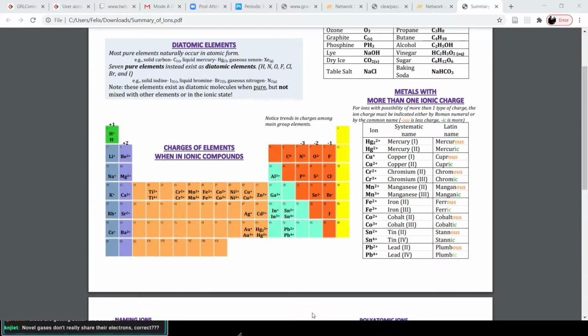You'll see on the right side of this there are what we call systematic names and Latin names. I'm not going to make you memorize these Latin names. They're kind of old, from way back when, like the 40s.